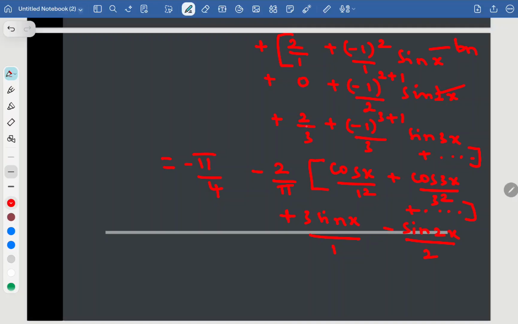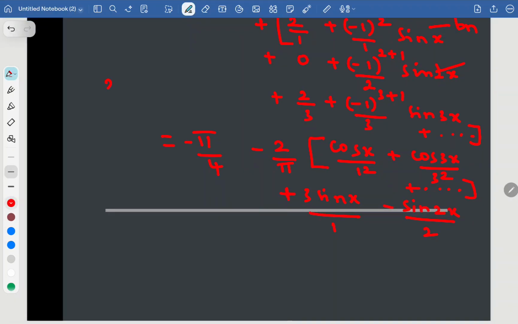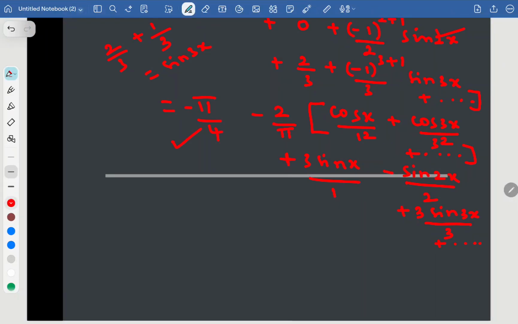Here, odd case 2 by 3 minus 1 power 3 plus 1 minus 1 power 4 minus 1, 2 by 3 minus 1 power 4 plus 1 plus 1 by 3, 2 by 3, 3 by 3 is 1. Answer is sin 3x.